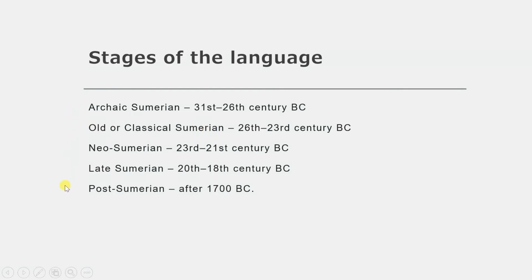But we move towards the actual writing system looking more abstracted. By the time we get to Late and Post-Sumerian, we're not exactly sure when this happened, but Sumerian stopped being spoken as a native language by people, and so it was more of a liturgical language used for religious purposes.